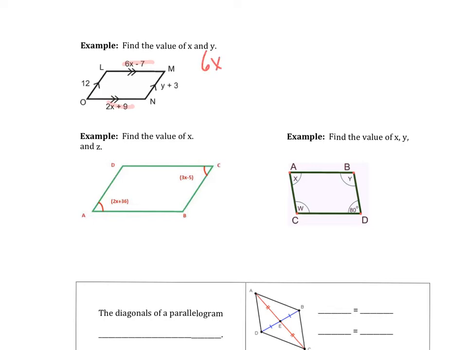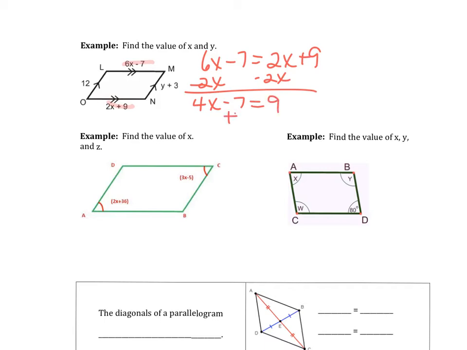So 6X minus 7 has to equal 2X plus 9. Now I'm going to solve for X. I'm going to choose to move my 2X over here. So 4X minus 7 equals 9. Add 7 to both sides. 4X equals 16. Divide by 4. I've got X is equal to 4.